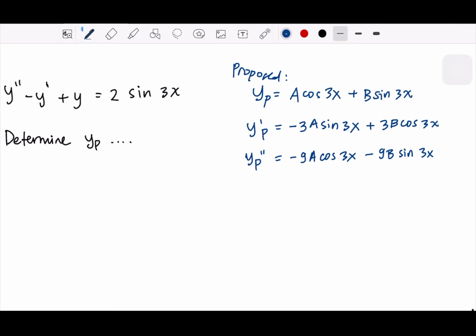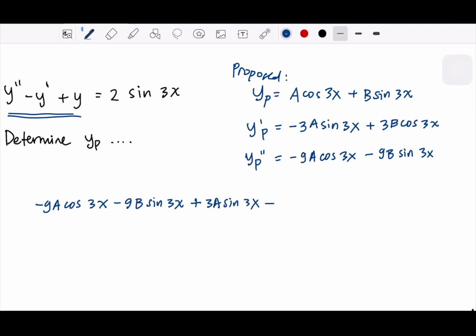Okay, now we put all together, so negative 9a cosine 3x, negative 9b sine 3x. Negative becomes plus 3a sine 3x.